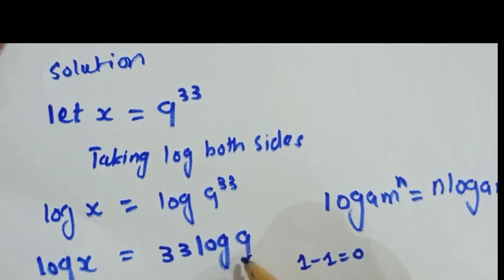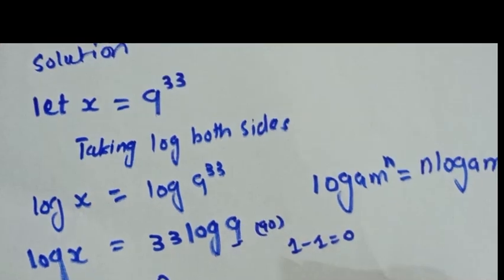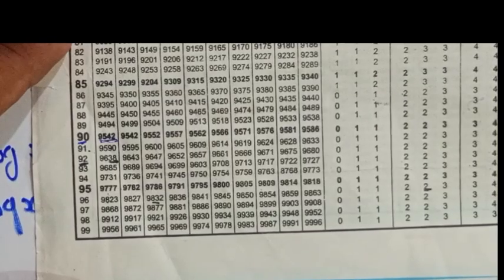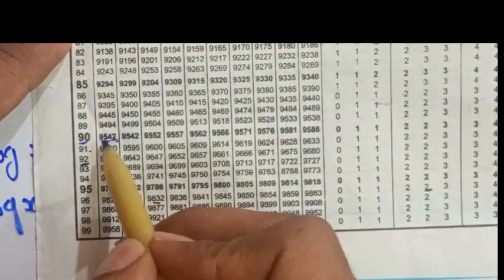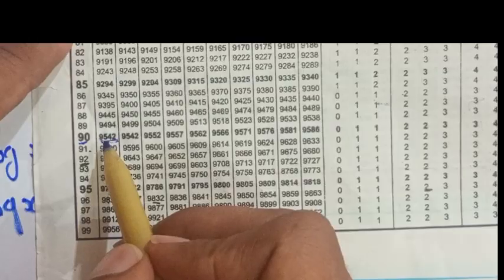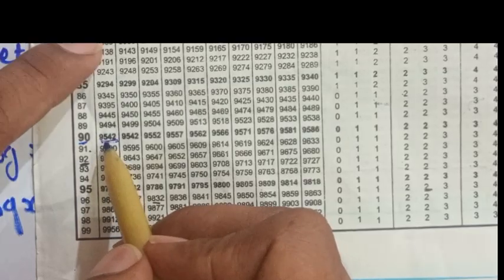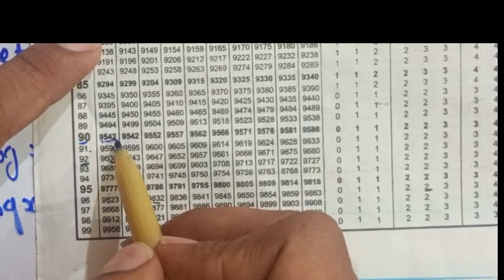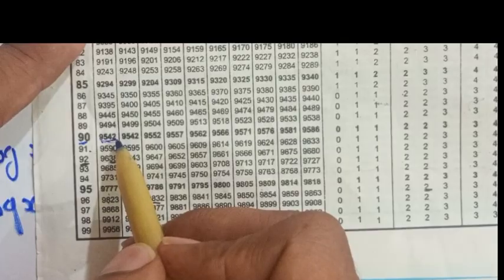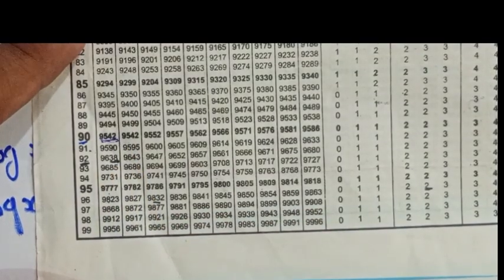You cannot find 9 only, so you will use 90 instead of 9. I will find 90 in the 0 column because there is no other number. The value is 9542 in the 0 column.